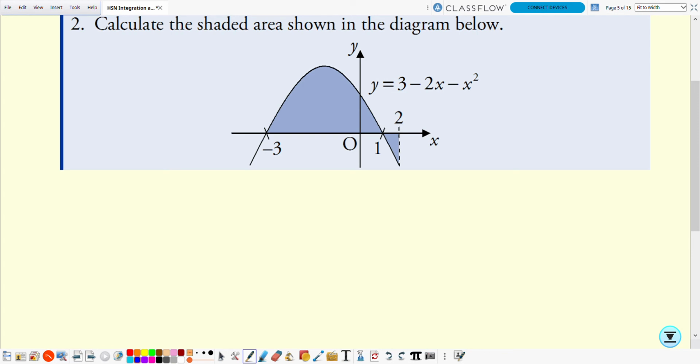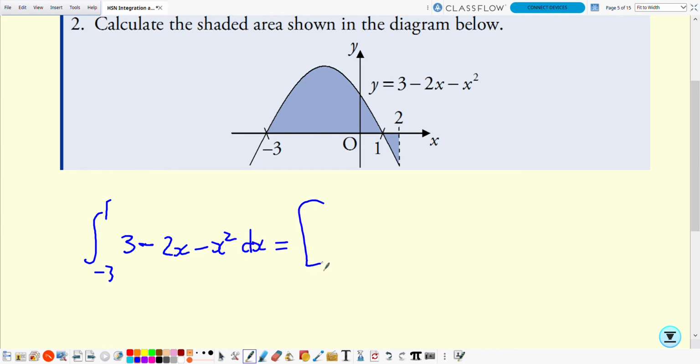Even if you numbered them or whatever, you're going to integrate first of all from -3 to 1, and the function is 3 minus 2x minus x squared with respect to x.